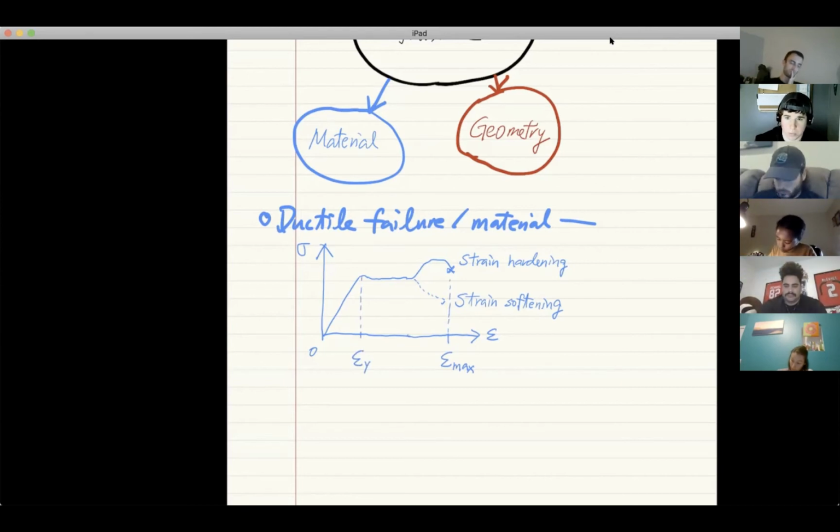Now the corresponding stress is what we call yielding stress or yield stress, sigma y. And the maximum value of this curve is not at the maximum strain, but is somewhere here. This corresponds to what we call maximum stress, sigma maximum.